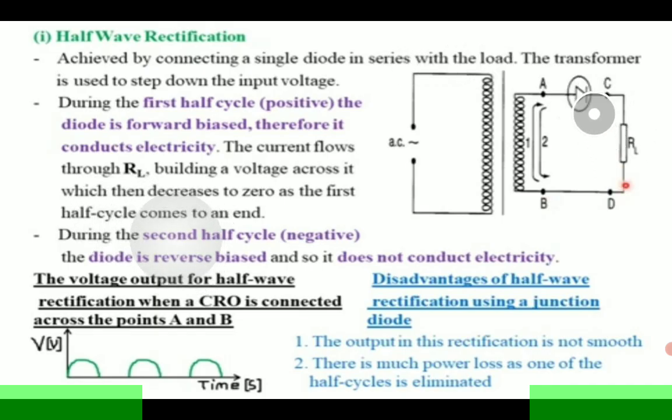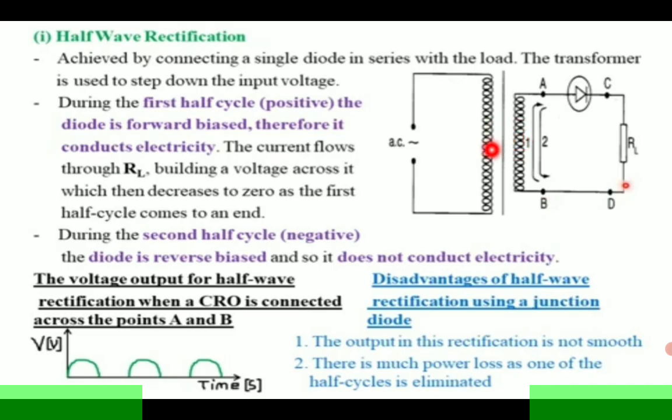The rest of the circuit is just a step-down transformer. So we have a transformer here. Remember, a transformer has two coils, namely the primary coil and the secondary coil.